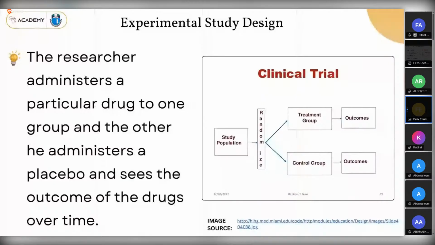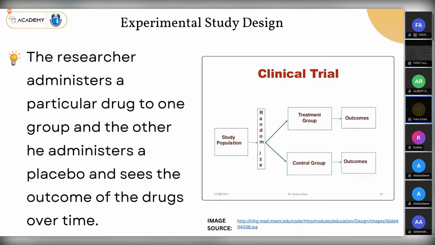For example, you can do a quasi-experimental where you expose them to lectures, where you expose them to something else, but not a drug. So that's why it's called quasi-experimental. Sort of experimental, okay, but it follows the same process. But another thing quasi-experimental doesn't have is the randomization. You don't have to randomize the group.